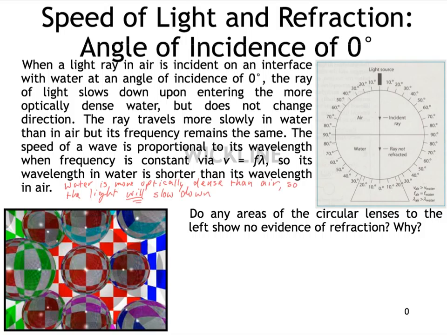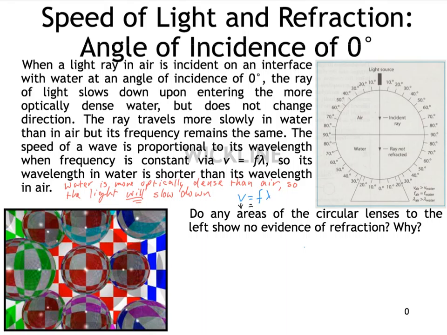So I just went ahead and added that note in, but let's take a look at this equation, v equals f lambda. V is the velocity of the light, which we just said will decrease. So I will put a little decrease arrow there. And the frequency of the light corresponds to the color of the light. And one of the things you probably have some experience with is looking at objects when they're underwater. I'm sure you've done that before.